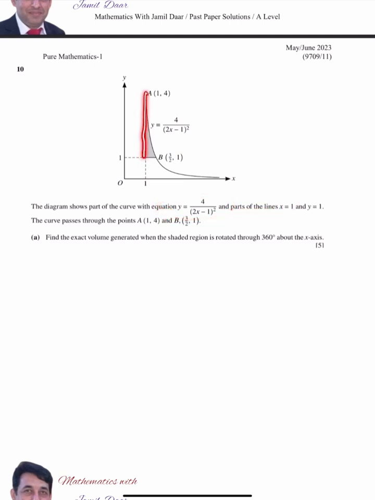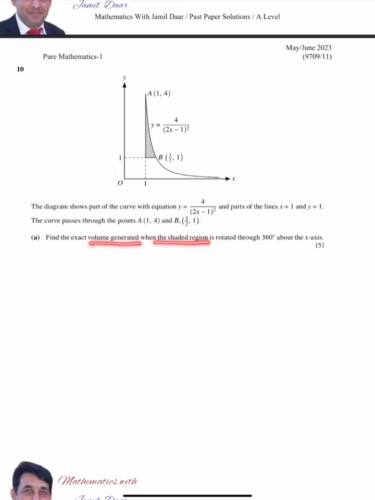This is the x equal to 1 line, and this is the y equal to 1 line. The curve passes through the points A (1, 4) and B (3 by 2, 1). The equation of this curve is this one.